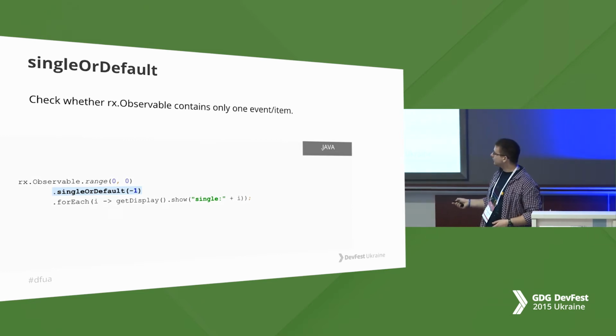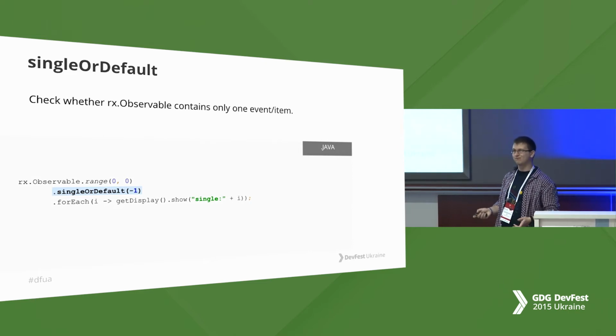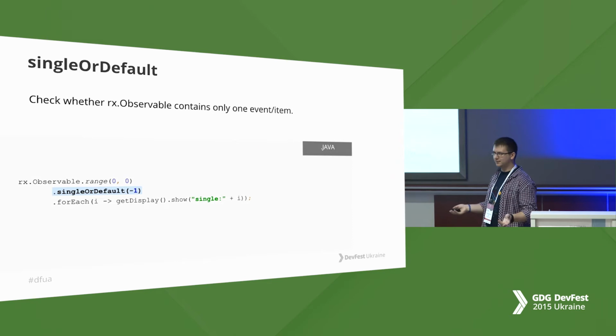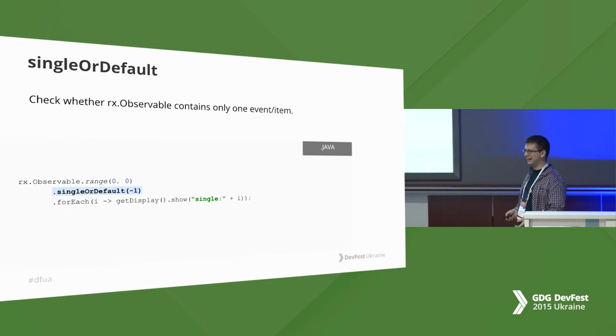And you can use such a shortcut, forEach. Sorry for the mess and a lot of examples, but RxJava is very rich, so I just try to shorten my talk. The idea is sometimes you don't need to write subscribe.